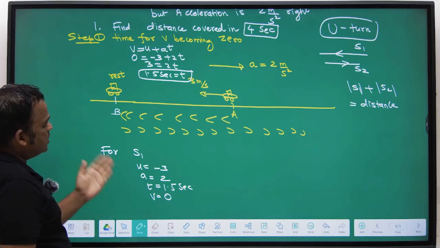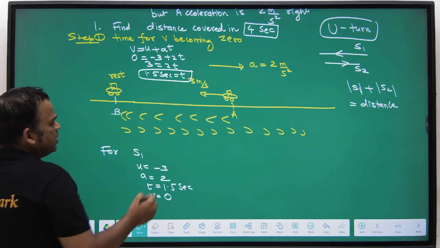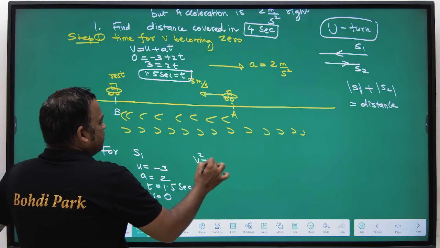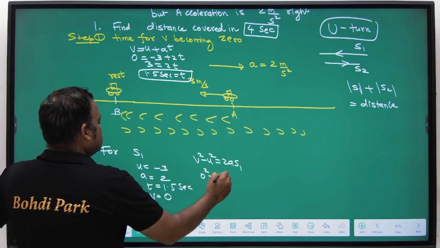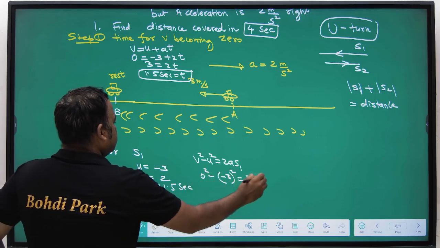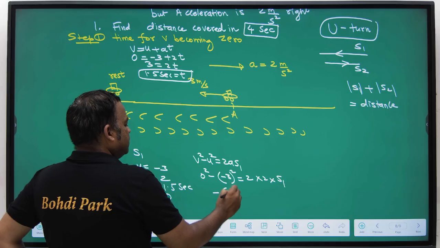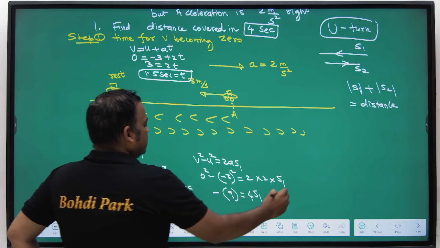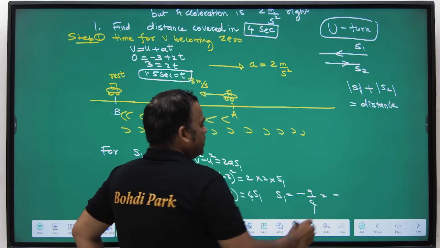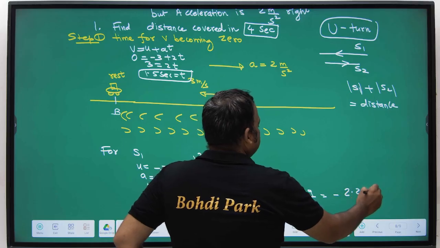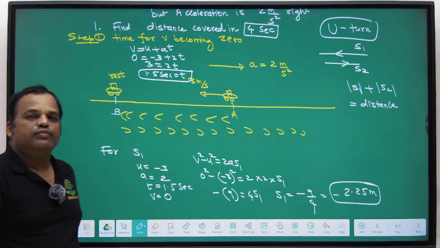We can also use s is equal to ut plus half at square. So I'm using v square minus u square is equal to 2aS1. So 0 square minus 3 whole square is equal to 2a into S1. So minus 9 is equal to 4S1. So S1 is equal to minus 9 by 4, that is minus 2.25 meter. First displacement is minus 2.25 meter.